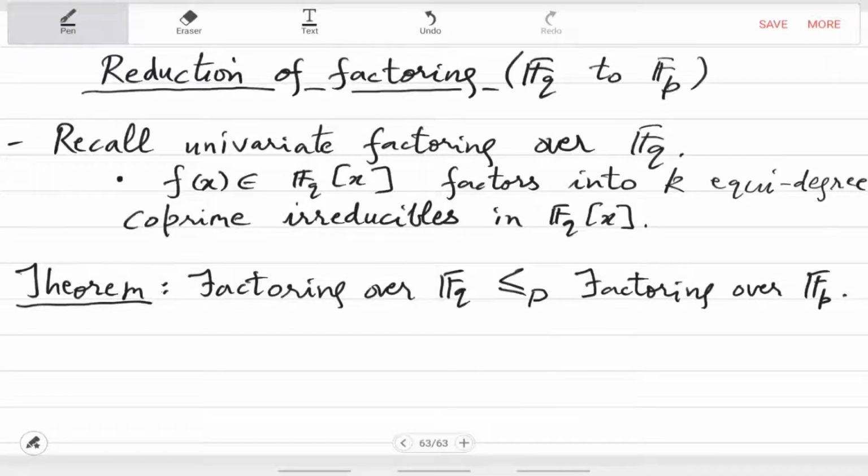So we will give a deterministic polynomial time reduction from this first problem to the second problem, thus making the two equivalent.